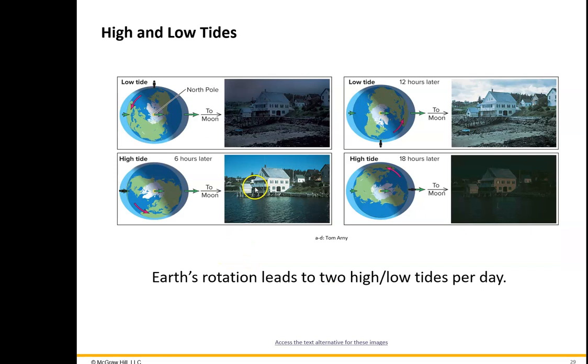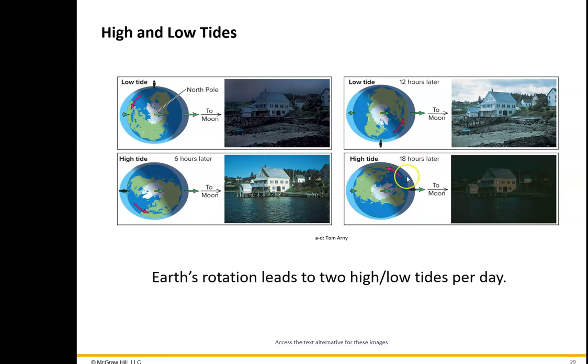So this is the difference between high tides and low tides. You can really see in some locations on the Earth the difference. Let's say this house right here, and then notice there's no water anywhere, and then there's huge amounts of water.